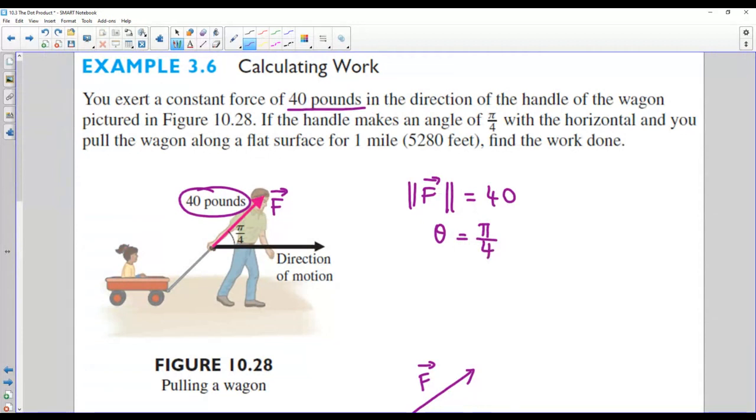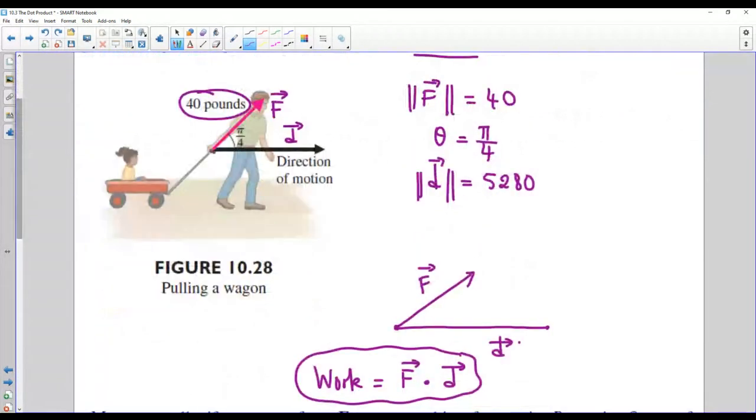And then the direction of the motion, so we are moving in this direction D. And the magnitude of D, because we moved 5,280 feet, we can write as 5,280. So we want to find the work of this force.